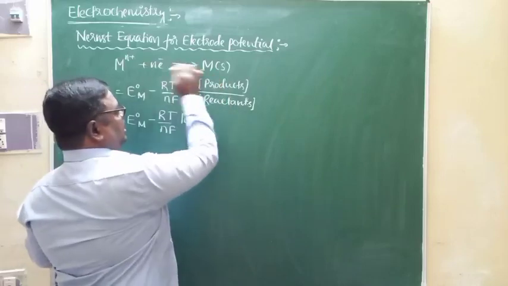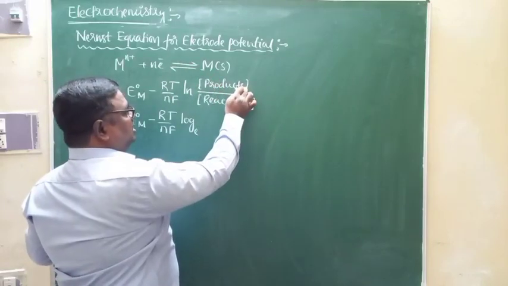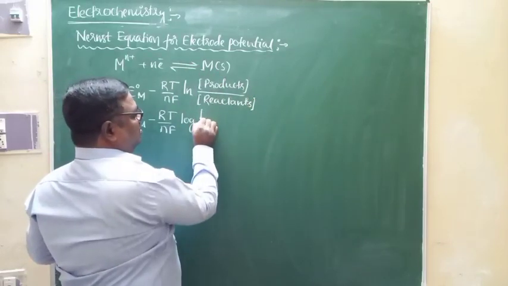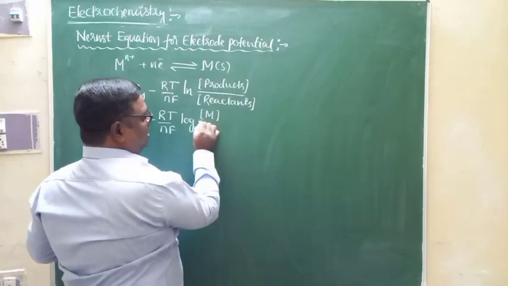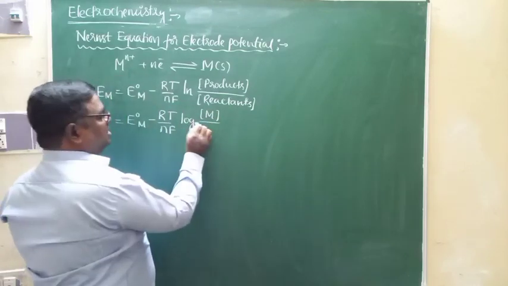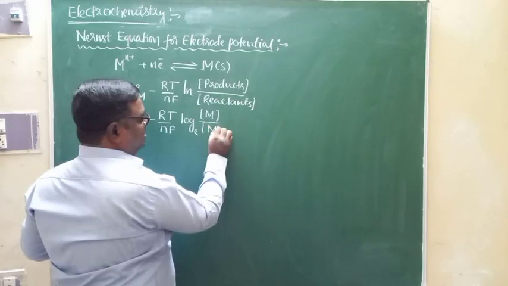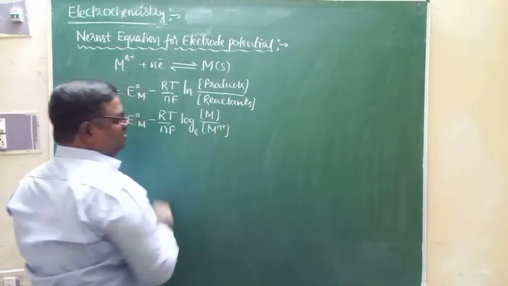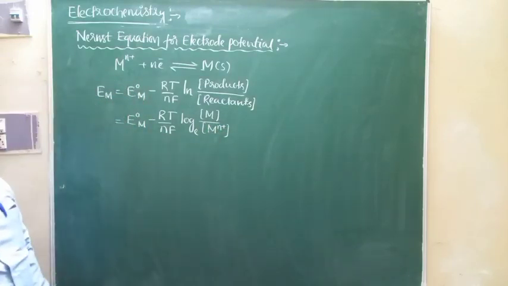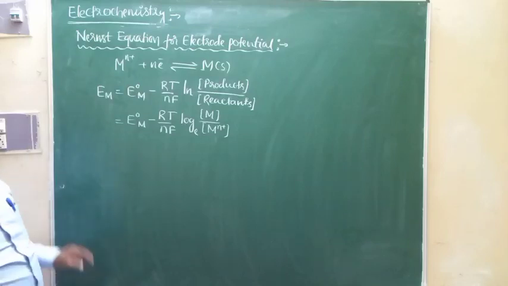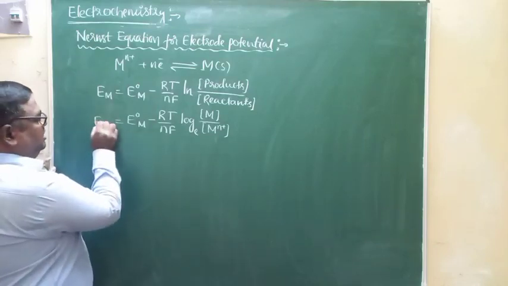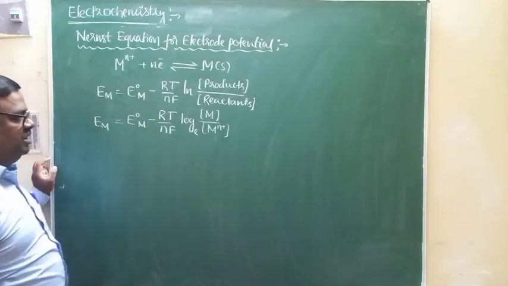Here in this particular reaction, the molar concentration of products is the molar concentration of solid metal, divided by the molar concentration of the metal ion, that is M^n+ ion. This is what we call the expression for the electrode potential, right?